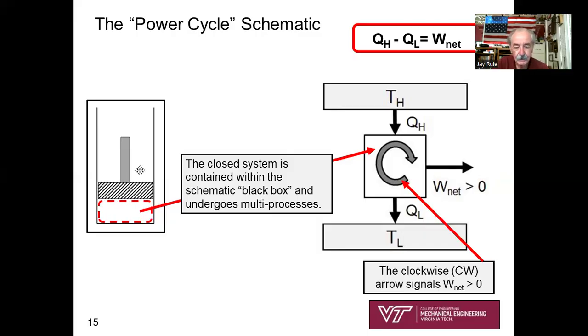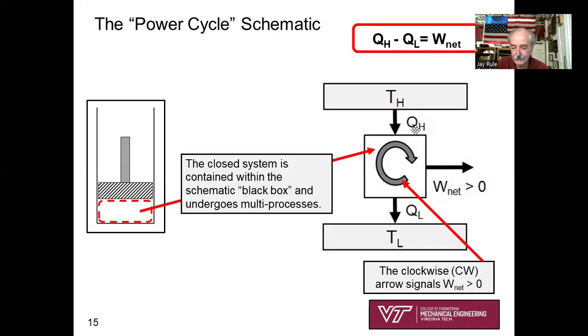What I want to suggest is that you visualize taking this thing and putting it inside this black box, and in your mind, you're thinking that this thing is going through multiple processes to start and complete the cycle. There's equipment inside here that's going through a cycle, similar to our example problem.